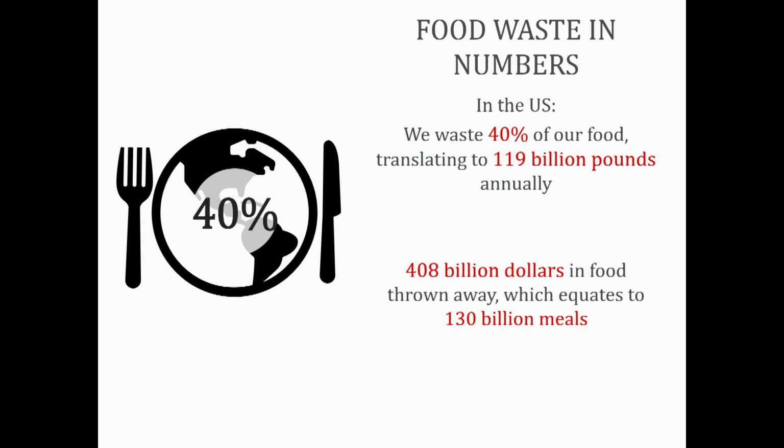This is almost half of what we make we throw away. Sorry, this is in the US. In weight, this is like 120 billion pounds. In terms of dollars, that's roughly 410 billion dollars in food thrown away. 130 billion meals. That's a lot of meals.